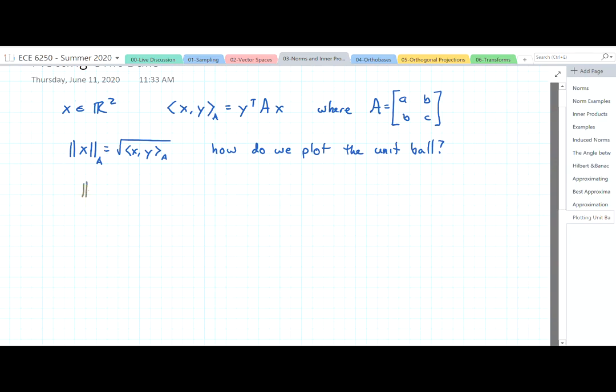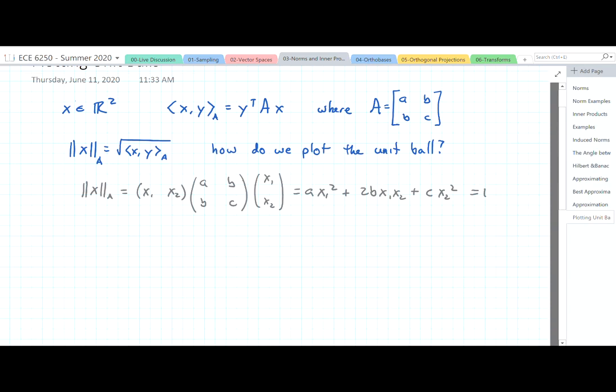We could say the norm of x squared is equal to [x1, x2] times [a, b; b, c] times [x1; x2], and we're going to get a nice quadratic form that essentially looks like a x1 squared plus 2b x1 x2 plus c x2 squared, and we want that to be equal to 1.